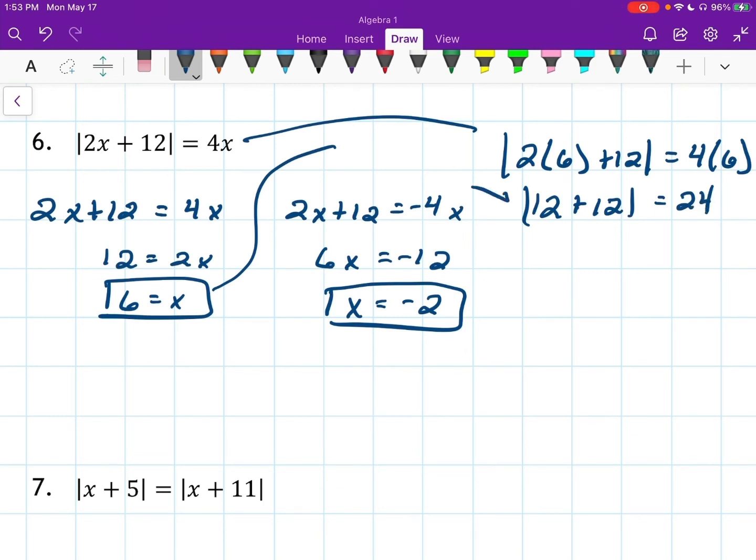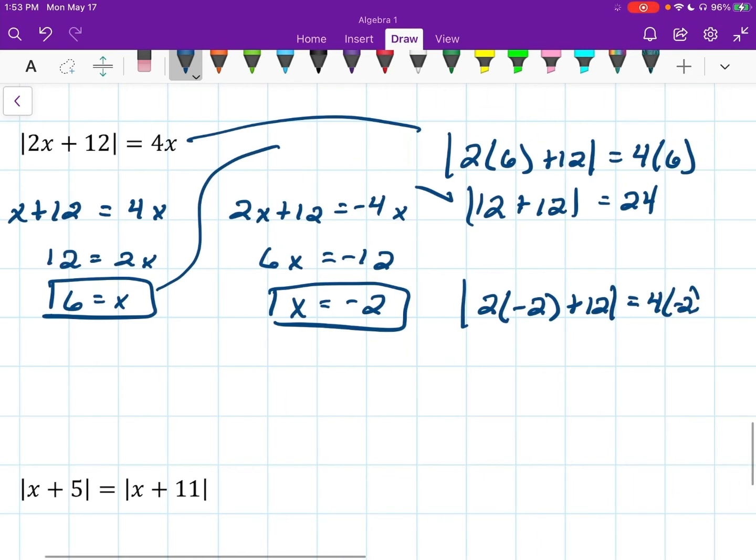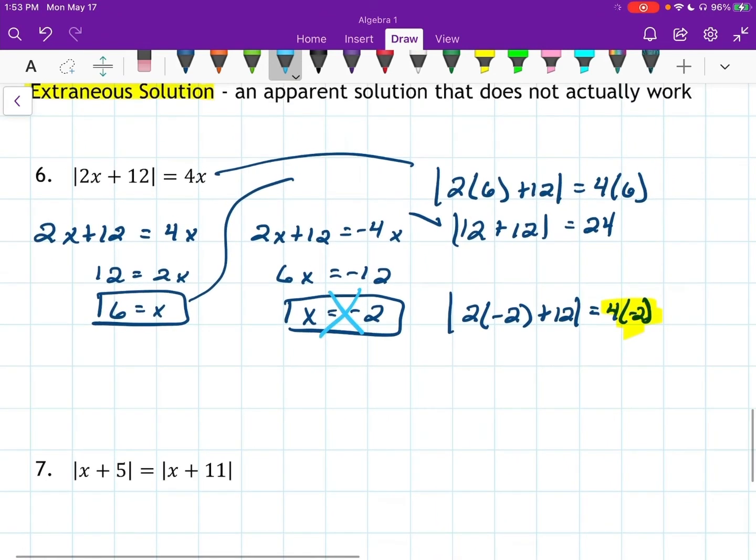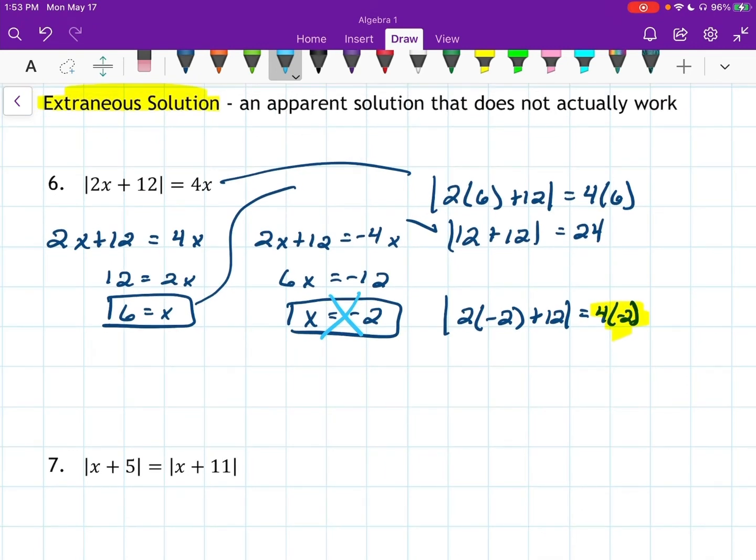Now, if we were to plug in the negative 2, we'd have absolute value of 2 times negative 2 plus 12 equals 4 times negative 2. Now, if we look here, it's going to give us a negative outside our absolute value bars. Well, we know that's something that just doesn't work. So this is a bad answer. It's not that we messed up anywhere, it's just that it's an extraneous solution. The way that I signify that is I just cross it out like I did there.